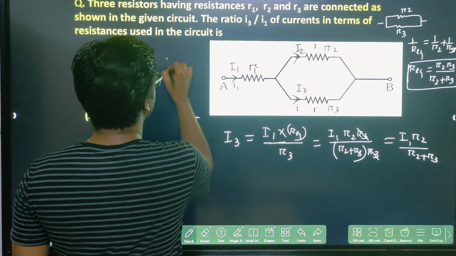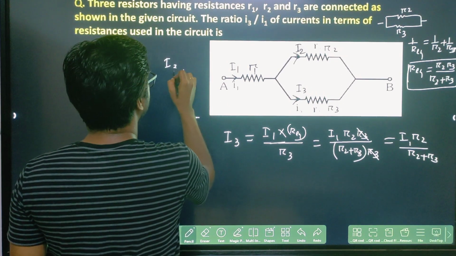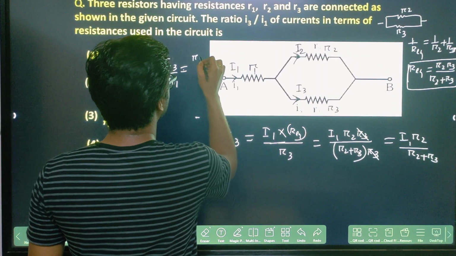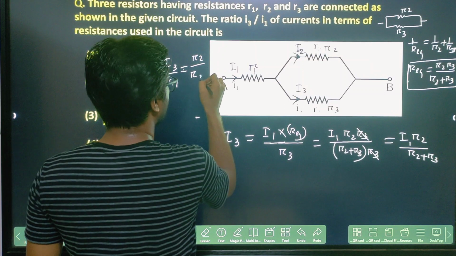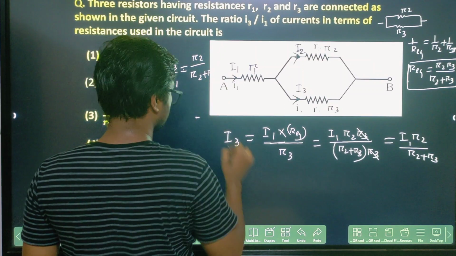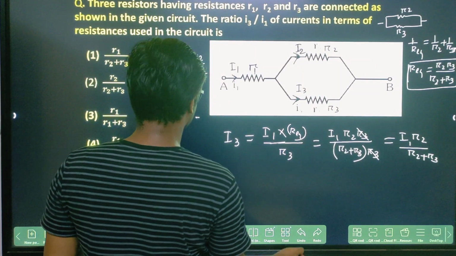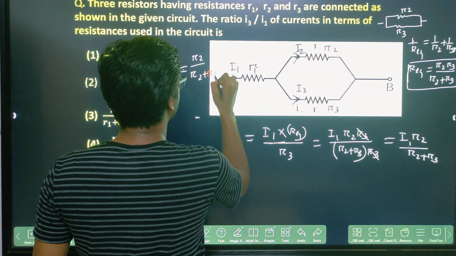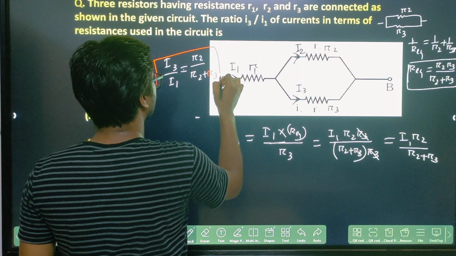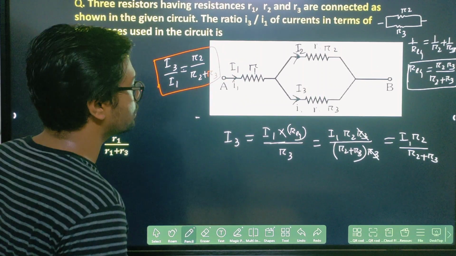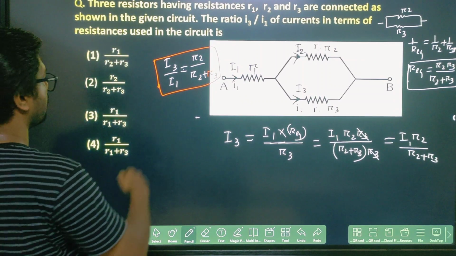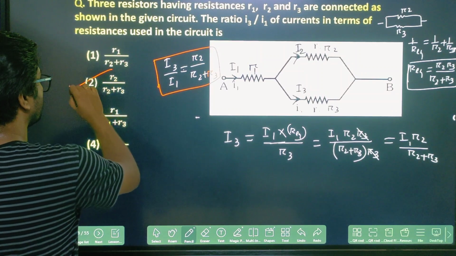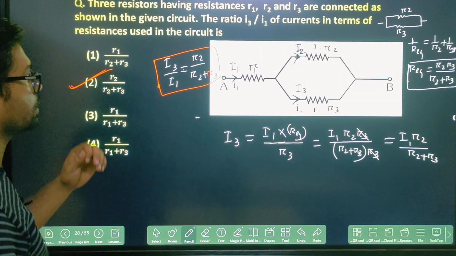I3 divided by I1 is equal to how much? R2 divided by R2 plus R3. This will be your answer. This option, right? R2 divided by R2 plus R3.